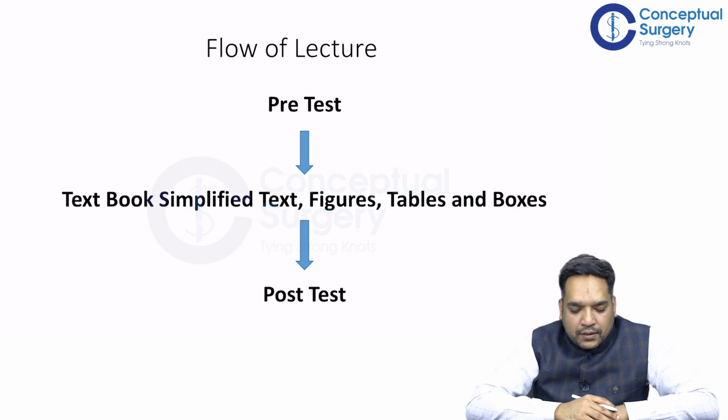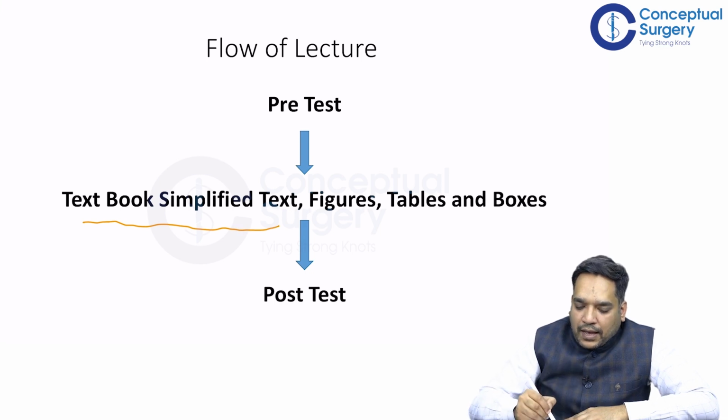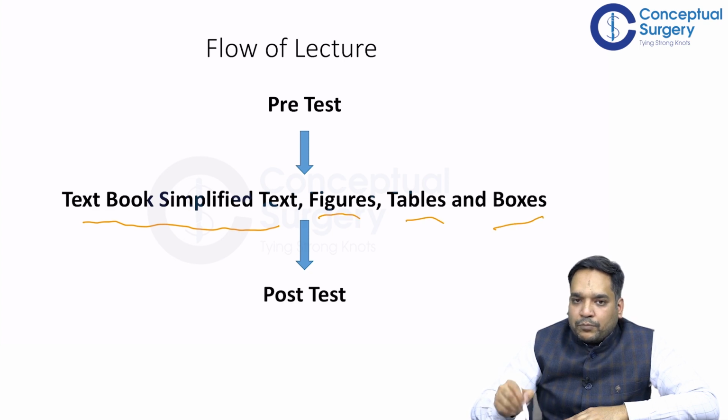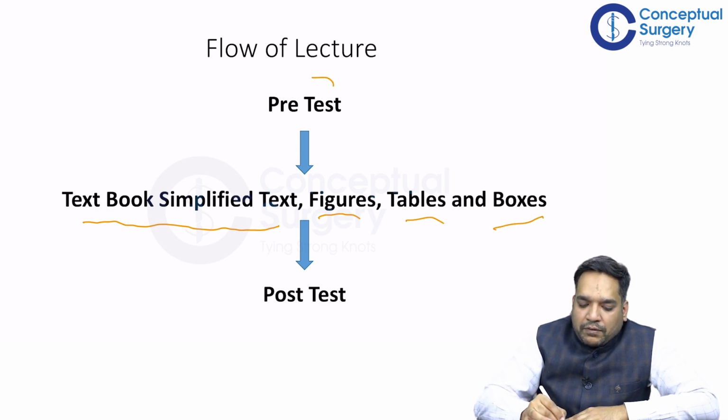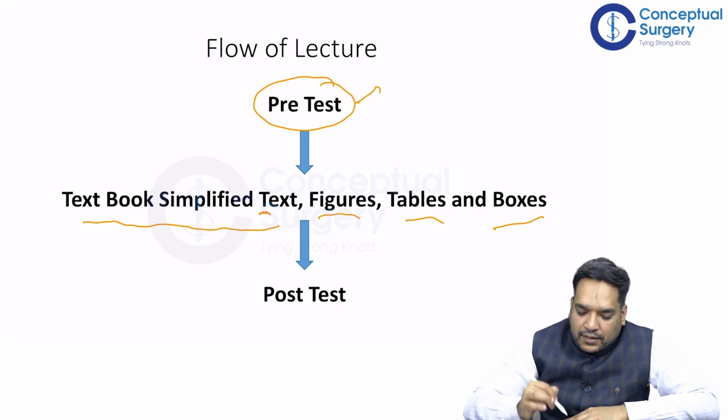As I told in the previous lecture, I have simplified the text of Bailey in this chapter, and I have discussed the figure, table and boxes more objectively, right? There will be a few MCQs, the answers of which will be in this text, and I will also give the answers in the post test.